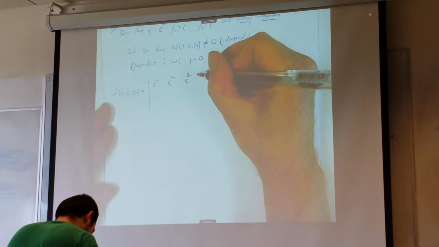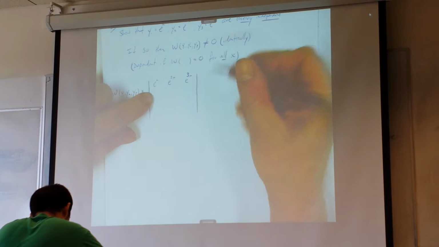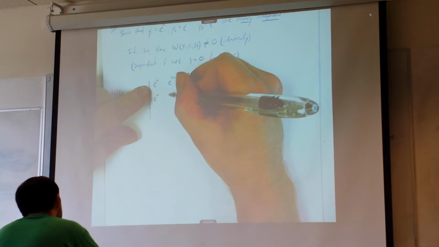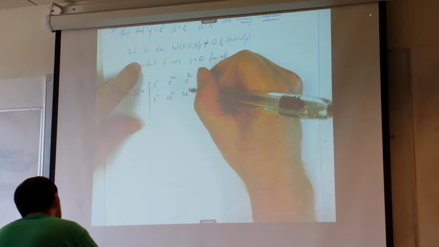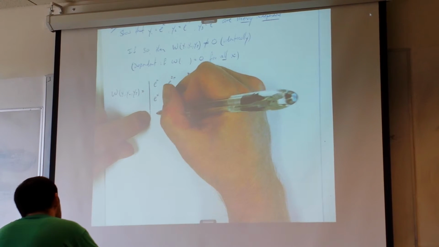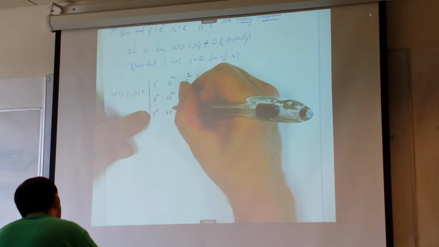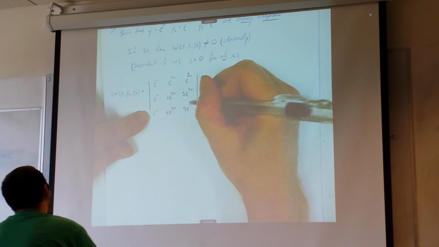And in the next row, we just have the first derivatives. So first derivative e to the x, e to the x. First derivative e to the 2x, 2e to the 2x. First derivative this one, 3e to the 3x. And then there's second derivatives. E to the x, 4e to the 2x, 9e to the 3x.